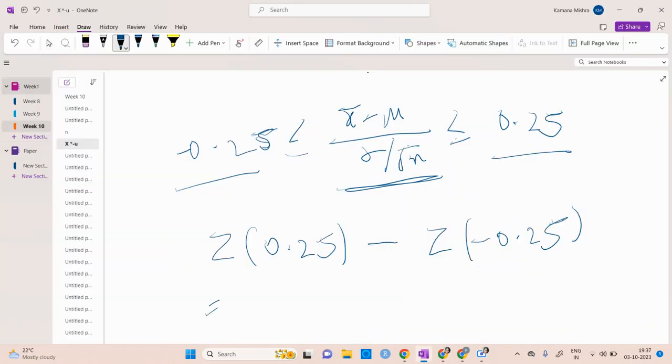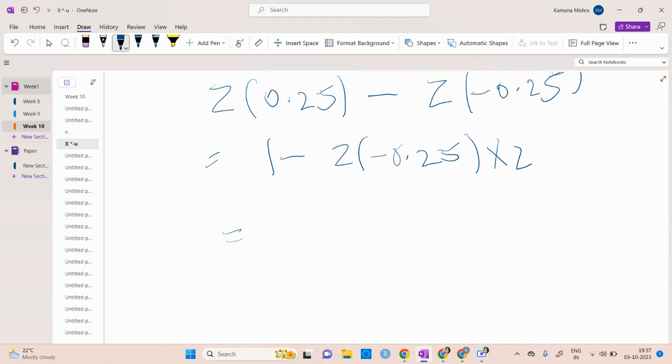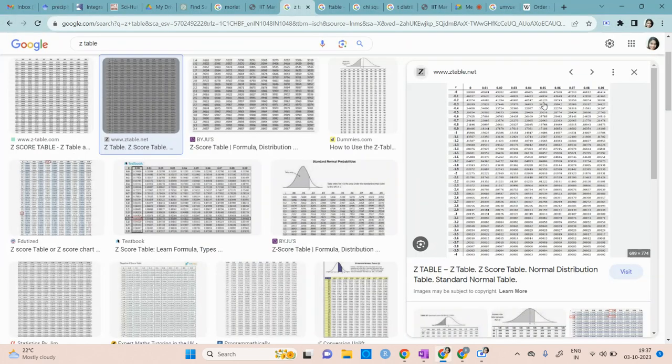So this we can write as 1 minus z at minus 2.5, and this is already z at minus 2.5, so that we can multiply by 2, right? So this is starting from 0.5. Okay, so then we will subtract from 0.5.